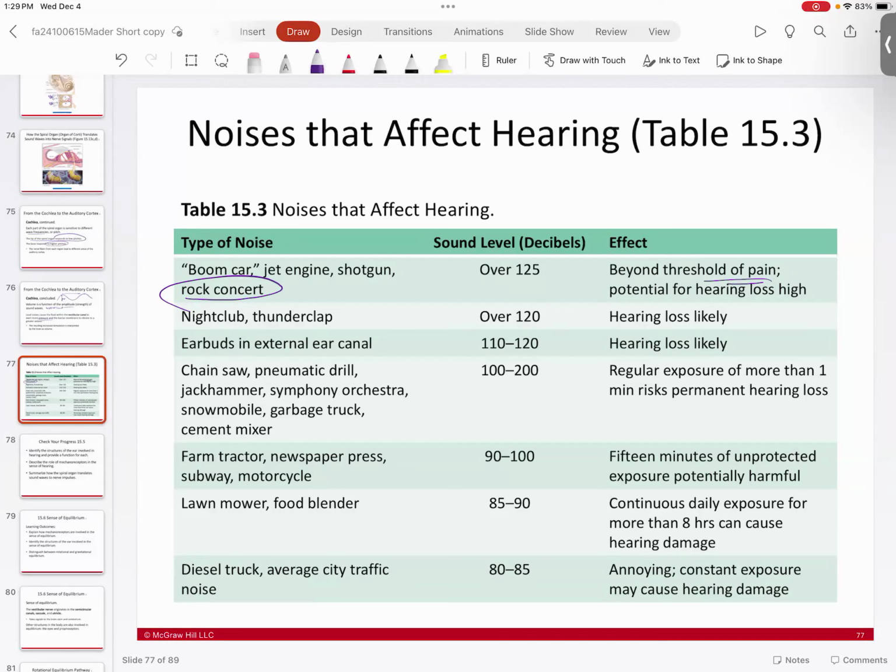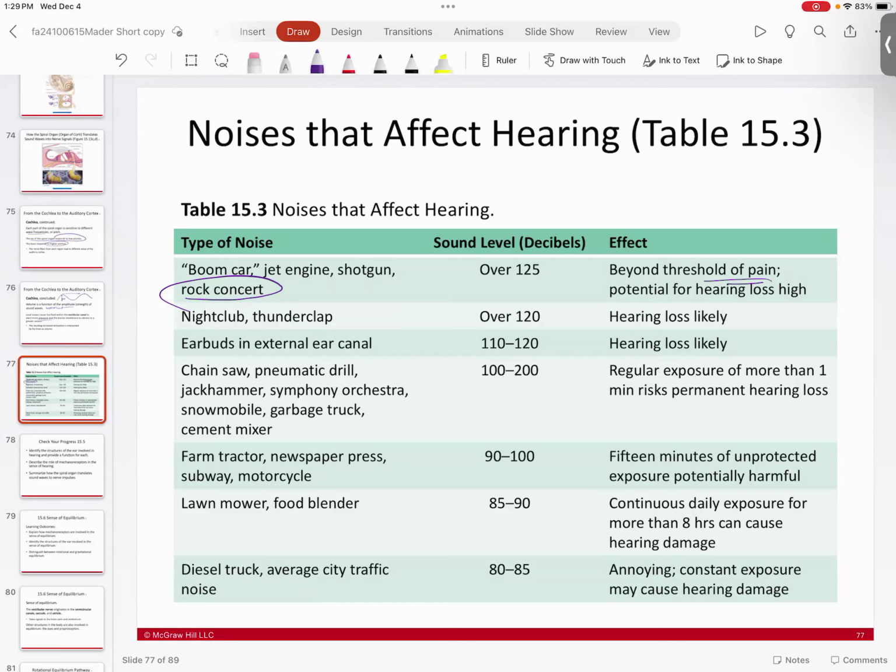Nightclubs, thunderclaps. That's about 120. So you clubbers, right? Those get pretty loud. When you put your earbuds in, this is a common one. We all fall into this one, don't we? You're dancing with danger there, right? It can be, depending on what it is, 110, 120.